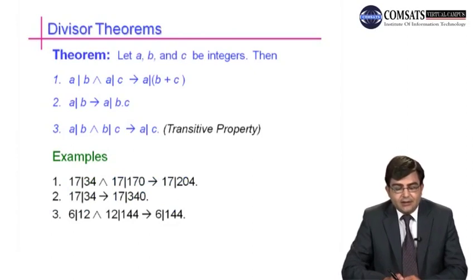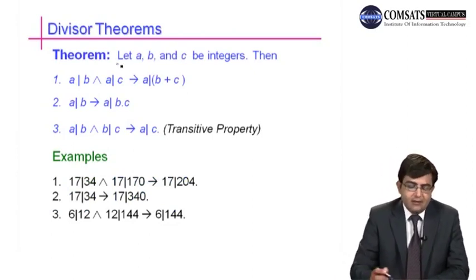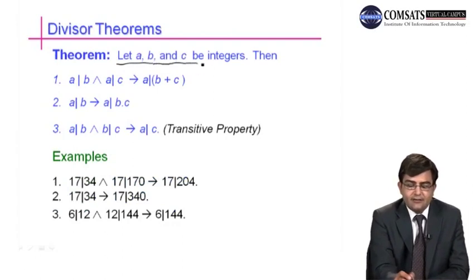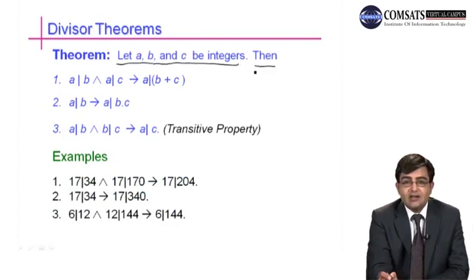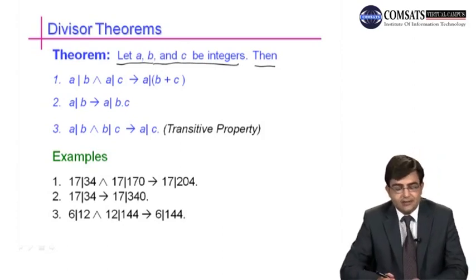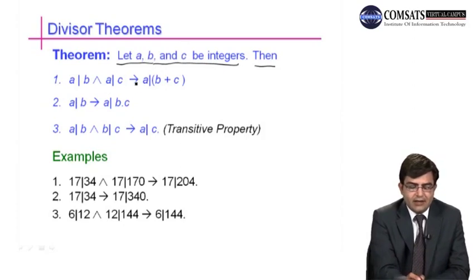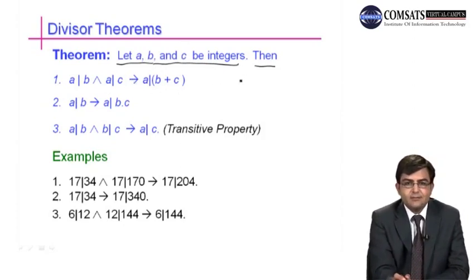Now next is the divisor theorem. What we state in this theorem: if we have three numbers a, b and c which are integers, then we have these three results. If a divides b and a divides c, this implies a divides b plus c.